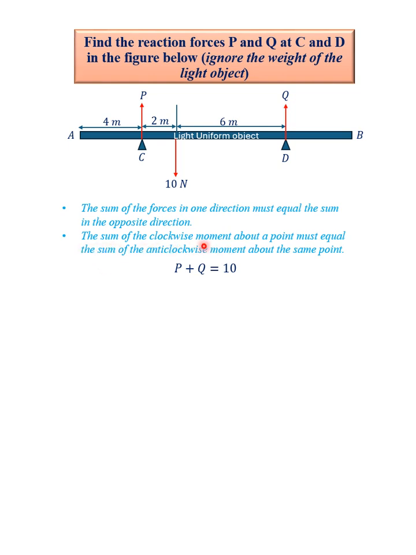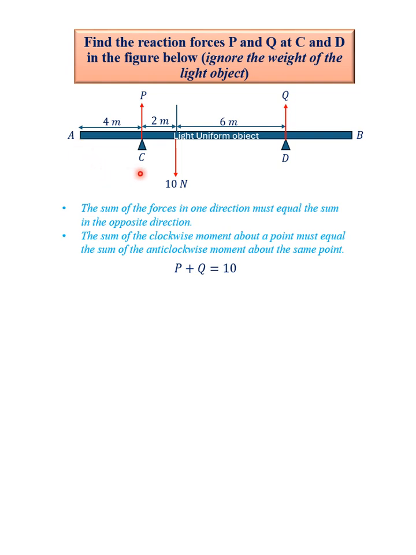The sum of the clockwise moments about a point must equal the sum of the anticlockwise moments about the same point. The moment must be taken about a point. So the first thing we want to identify is what point we are going to take the moments about. Looking at this object, you can take the moment about any point of your choice, but stick to the point you have picked. It means we could take moment about point A, the start of the object.